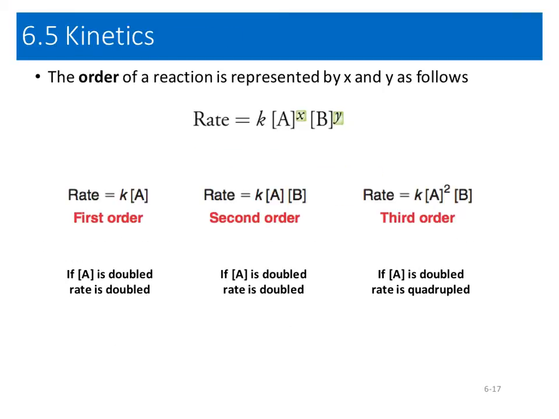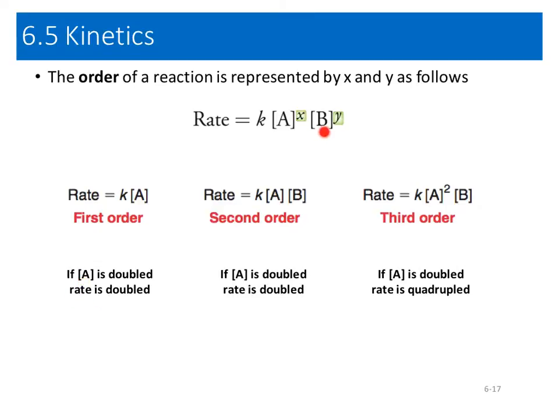We have different orders for the rate of the reactions. In the first order reaction, the rate equals the rate constant times the concentration of one of the starting materials. So it doesn't matter how many reactants you have, A, B, C, the rate is only dependent on the concentration of one of them. So if you double the concentration of A, the rate is doubled.